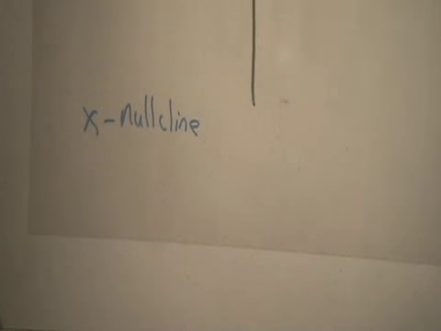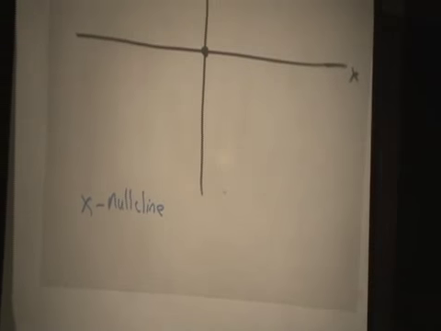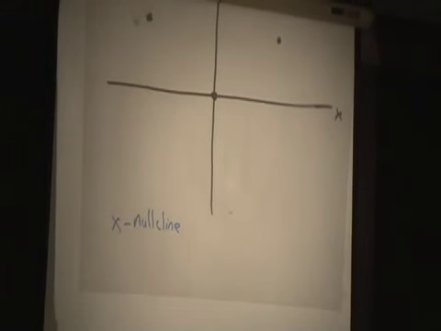The x nullcline is going to be a curve or combination of curves in the xy plane where dx/dt is 0, where the instantaneous speed along the solution curve in the x direction is 0 as it crosses an x nullcline.